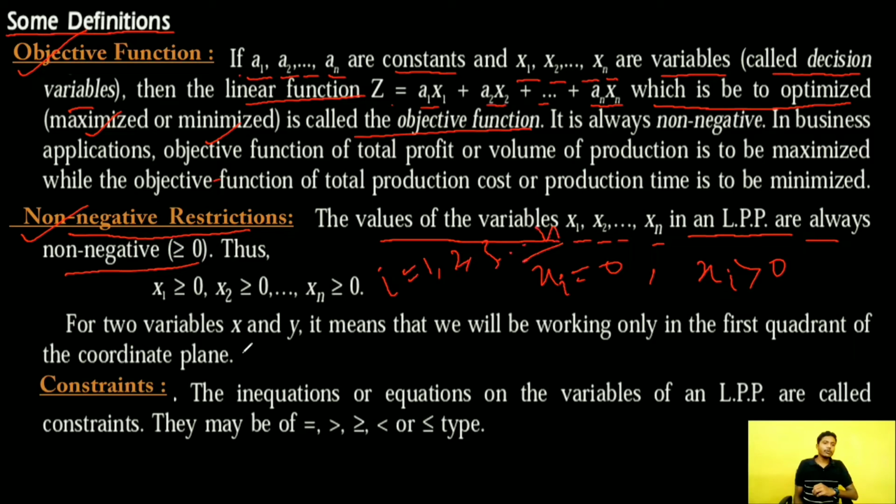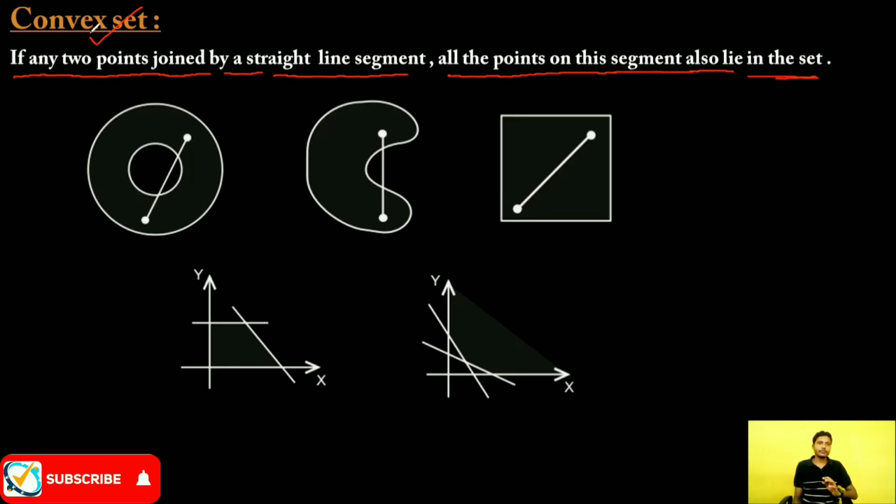Now constraints. The inequations or equations on the variables of an LPP are called constraints. They must have the sign equal to, greater than or equal to, or less than or equal to.